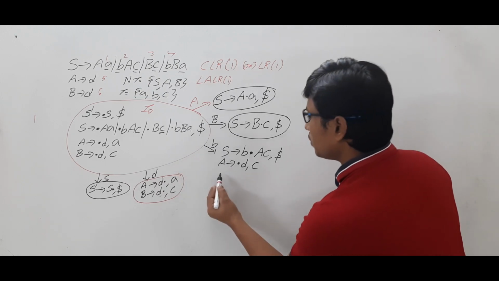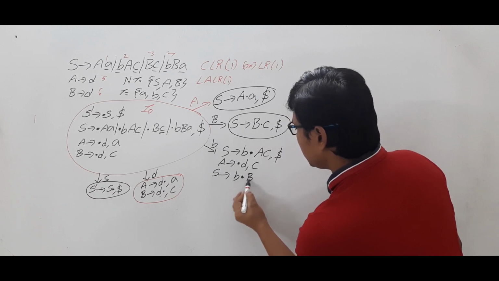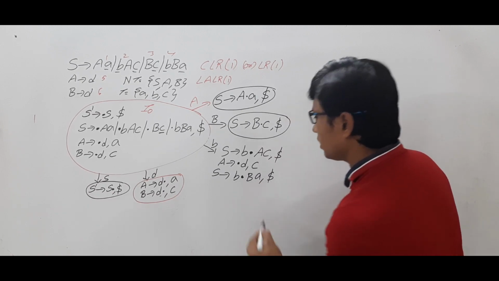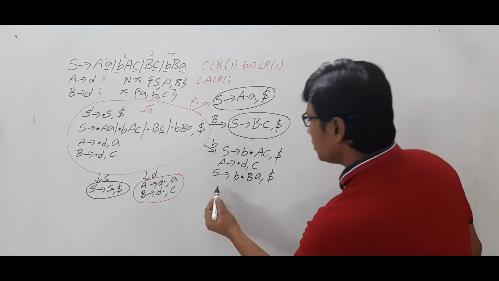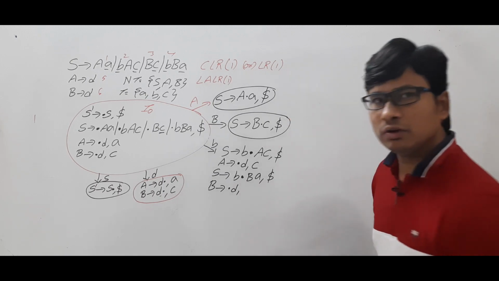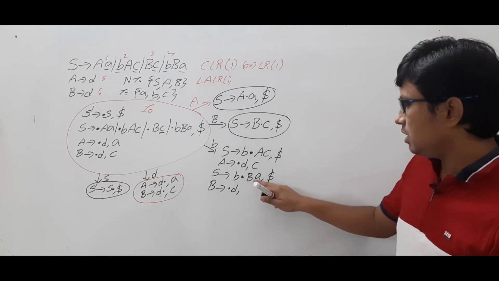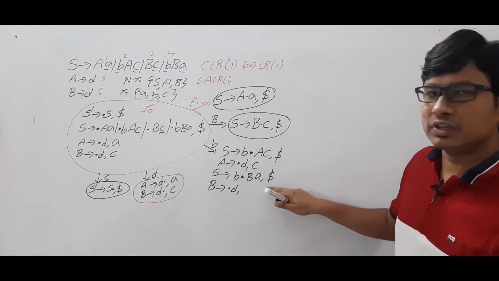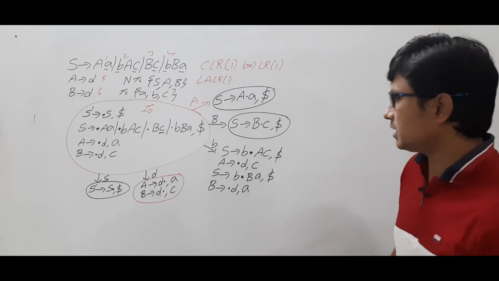Now there is another one. S determines B dot B A dollar. Now after dot there is a B which is a non-terminal. So I need to write the production of the B and what will be the look ahead. Because this production came because of this B, leave that one and compute the first of the remaining thing, which is A. Are you able to understand?